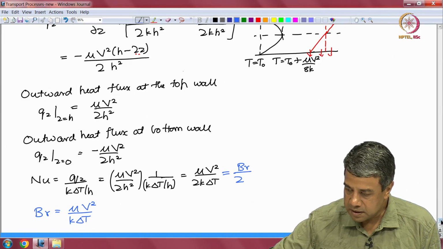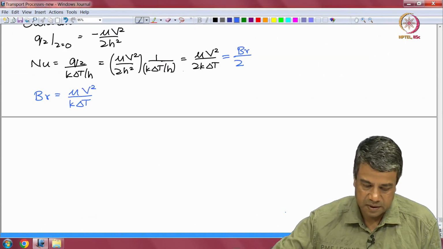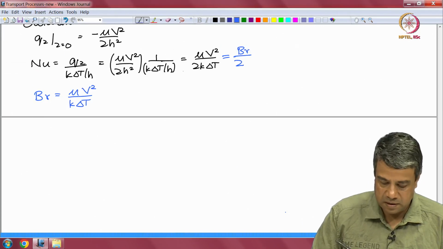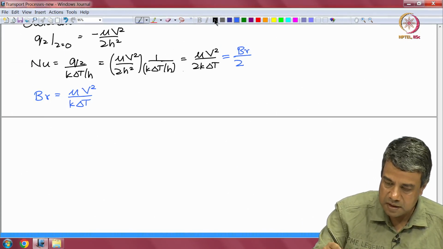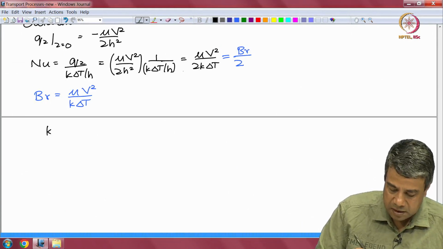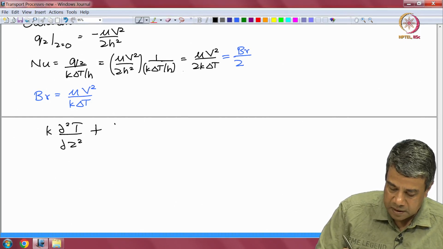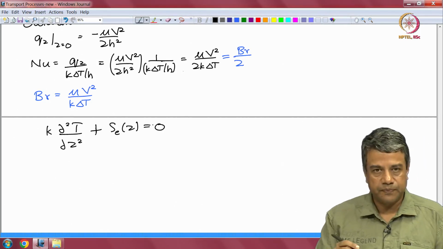I should note that at steady state, if the source is some function of position, then the equation that I get will be K d square T by dz square plus this energy source, which is a function of z, that is equal to 0.